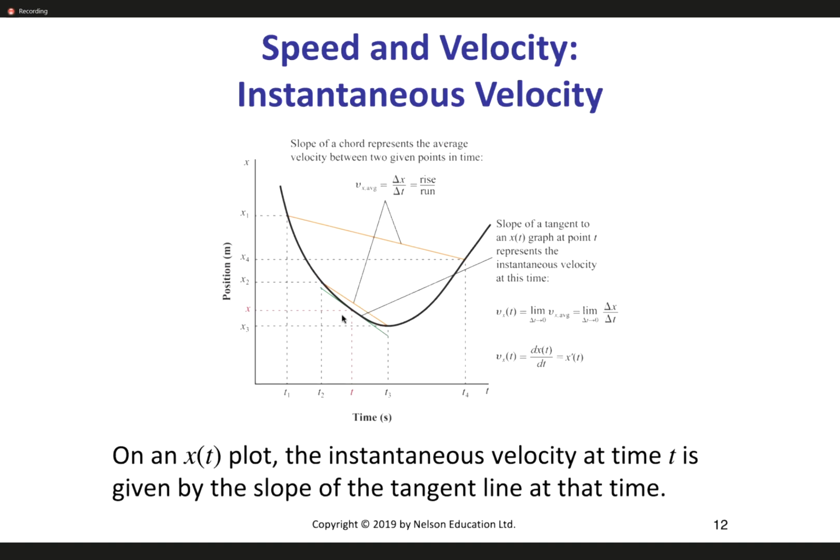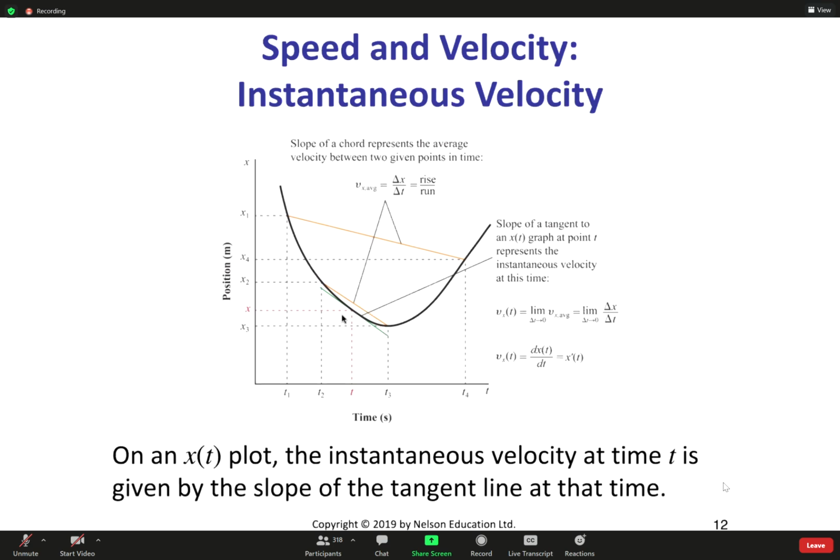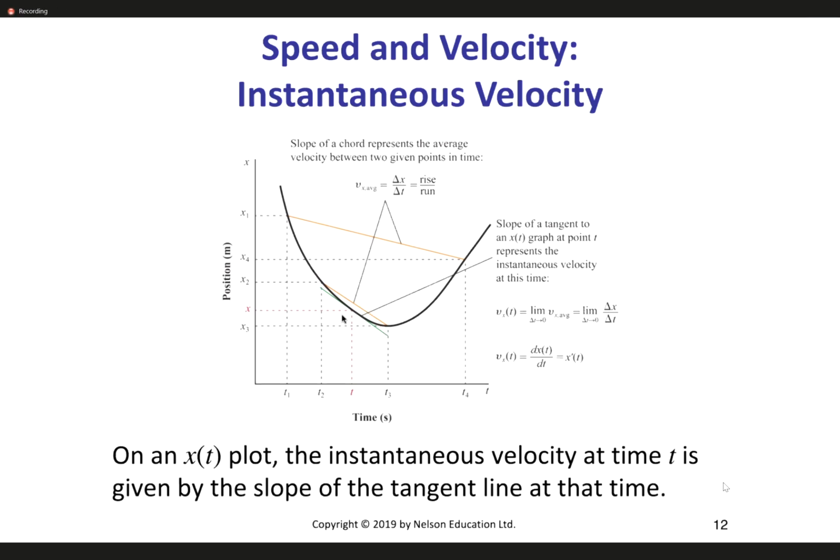And then you differentiate with respect to t. The slope, strictly speaking, only really comes in if you need to determine the average velocity. For instantaneous velocity, it's much better to use the derivative because that'll immediately tell you what the answer is, rather than trying to determine the slope of a tangent line, rather than trying to determine exactly rise over run.